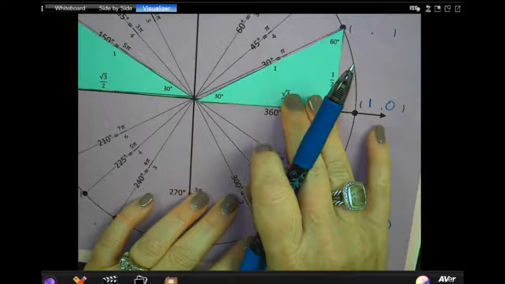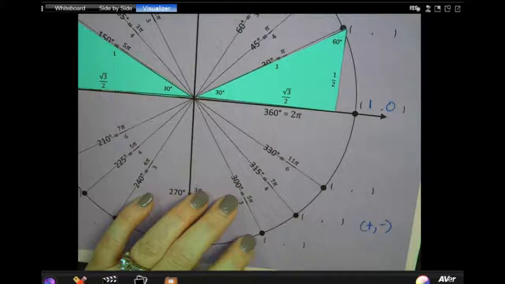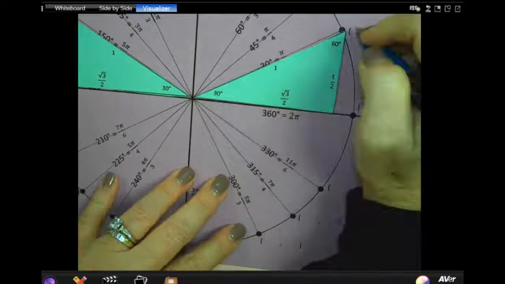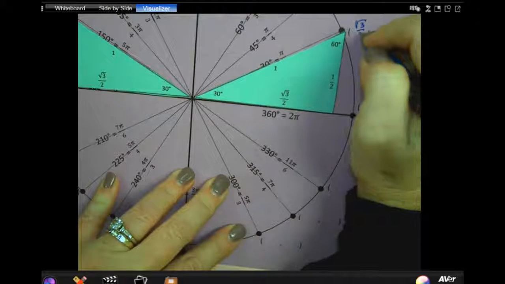So this is pi over 6. So look at your triangle. What is the side on that triangle? What is the x value that we just found? So this is the x-axis. So we're going to put the square root of 3 over 2.